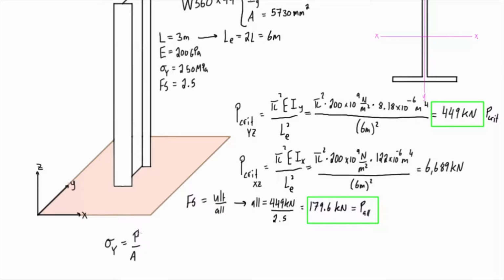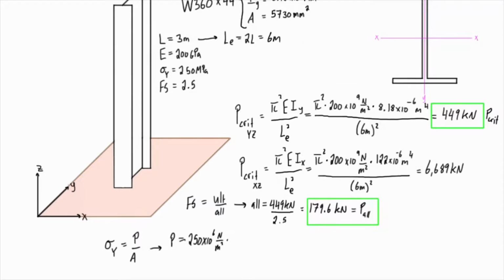So that's what we're looking for here. So we have P is going to be equal to 250 megapascals, which is 250 times 10 to the 6 newtons per meter squared, times our area.